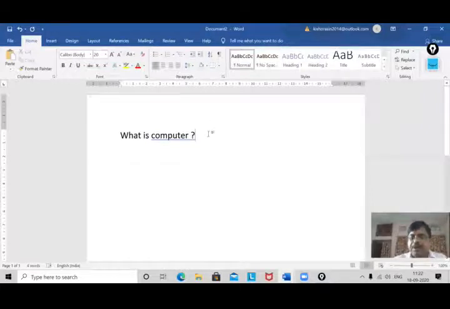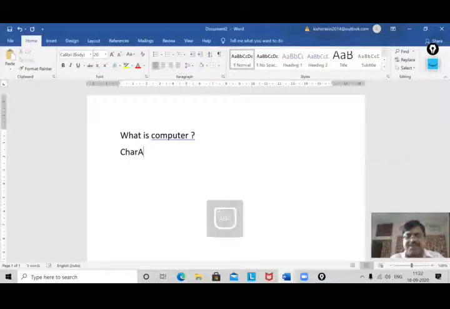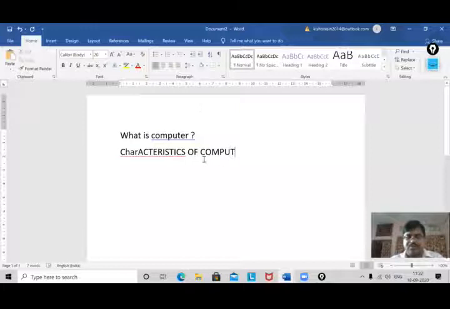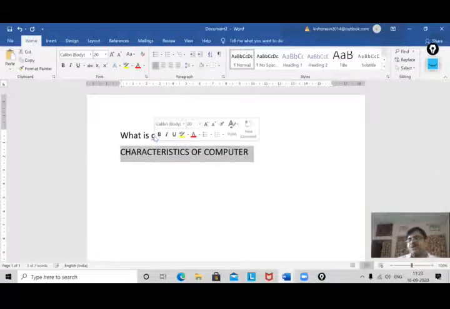Now, next is the characteristics of computer. When I say characteristics of computer, something comes to your mind: what is the importance of a computer?